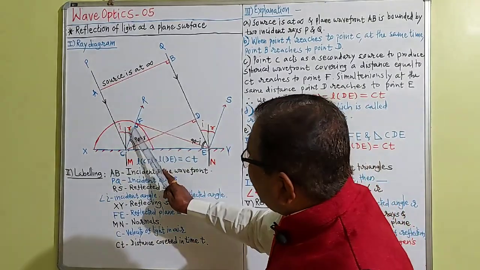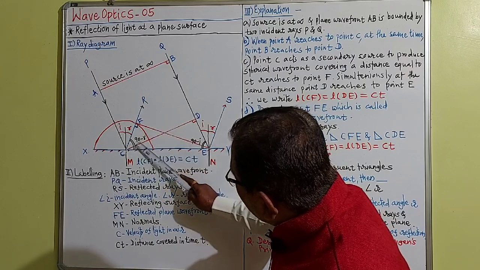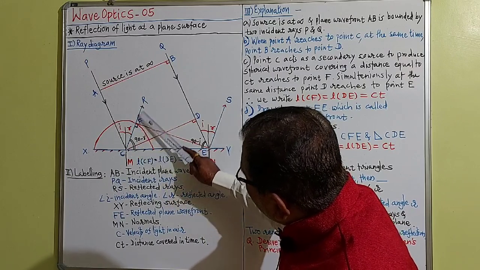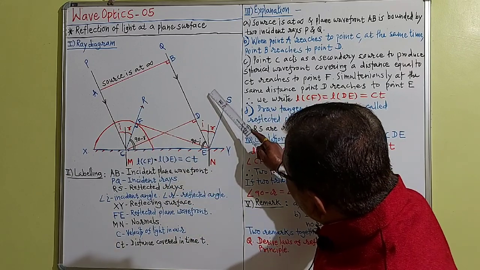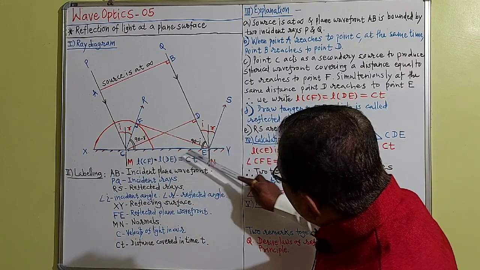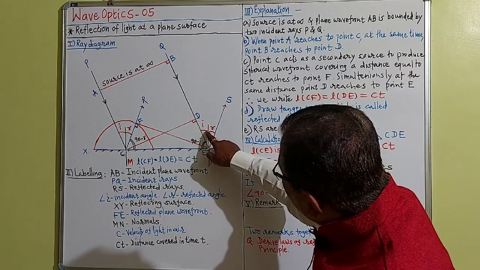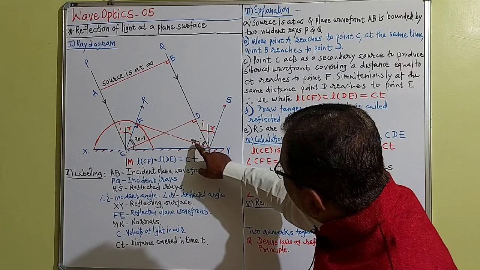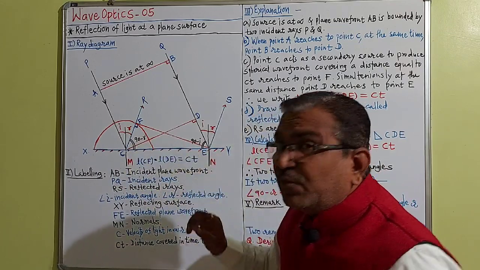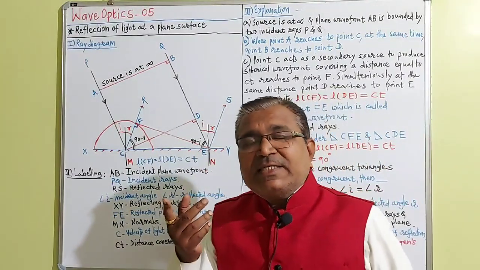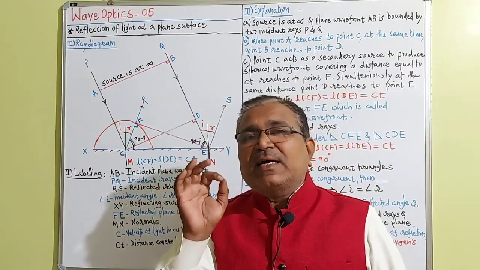If this angle is R, and this whole angle is 90 degrees, then the remaining angle is 90 minus R. See here, this angle is 90 degrees, out of which this angle is I, so the remaining angle is 90 minus I. These two are corresponding angles, and since the triangles are congruent, they are equal.